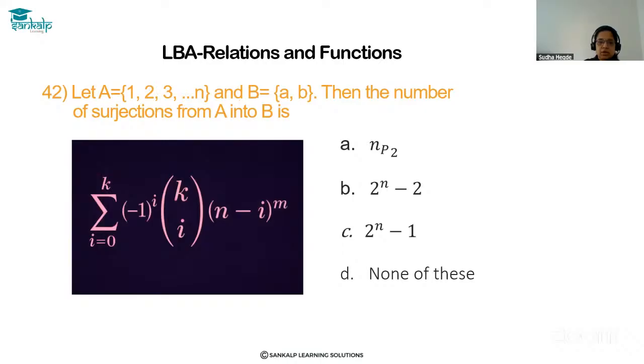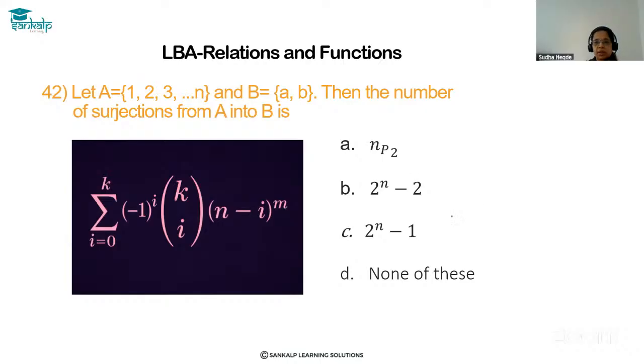See the image. The actual formula to find the number of surjections is this: summation i is equal to 0 to k minus 1, power i, k choose i, (k minus i) power n.